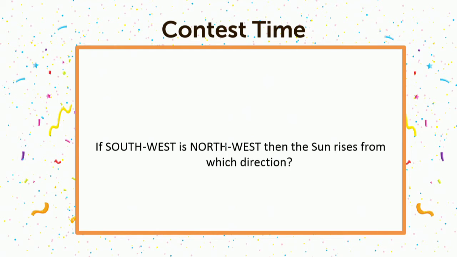We know the sun rises from the east, but based on this change that we are giving you, that southwest is northwest, you have to say from which direction the sun will rise.